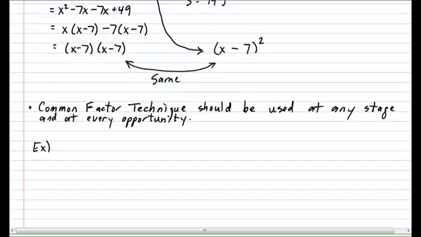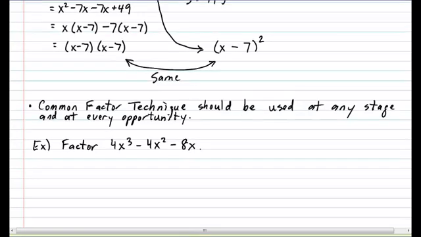So suppose I give you a very, very vague question, factor the following expression: 4x cubed minus 4x squared minus 8x. Alright, let's look at my thought process.